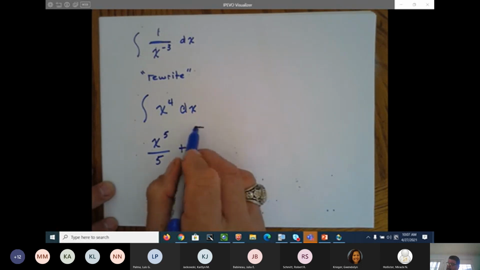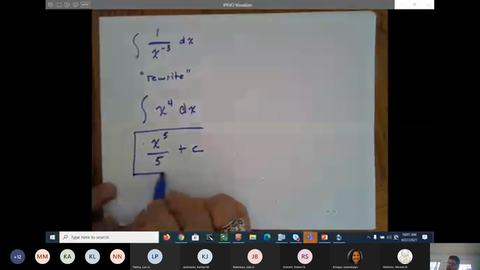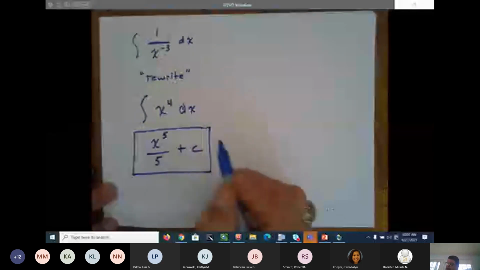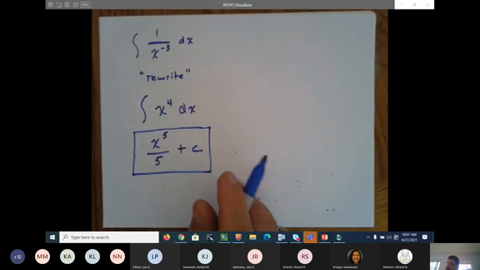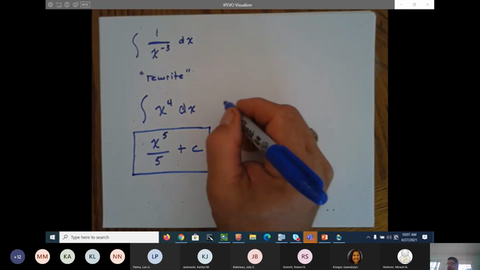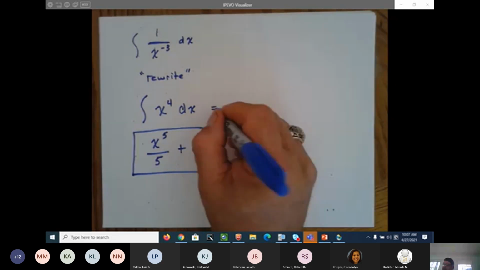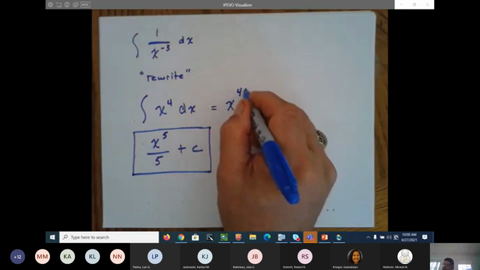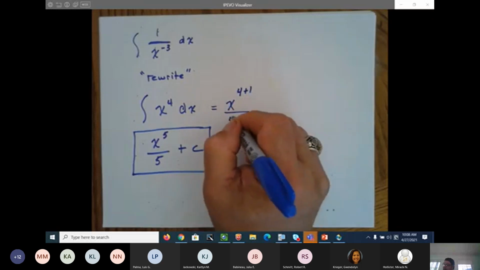And I kind of skipped a step there because honestly, some of you that are in your first calculus class, you should be able to go from here to here by the third or fourth problem. But I will add that in there just in case. x to the 4 plus 1 over 4 plus 1 plus c.